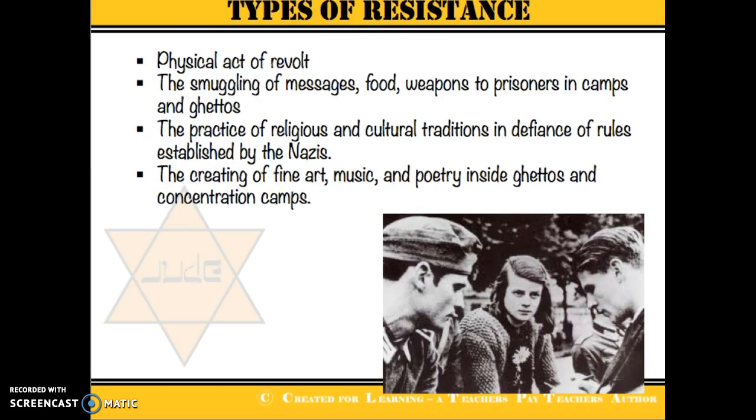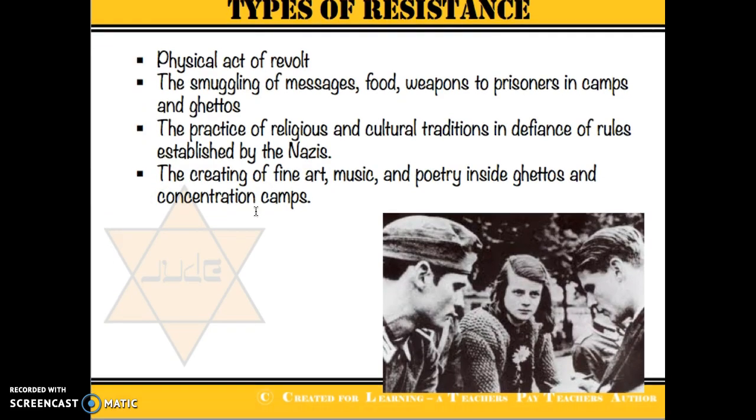In saying that, there were different types of resistance. There were people that were resisting the Nazi Party. They did oppose the Nazi Party in their beliefs. These people were obviously brave enough to participate in different things such as physical acts of revolt.